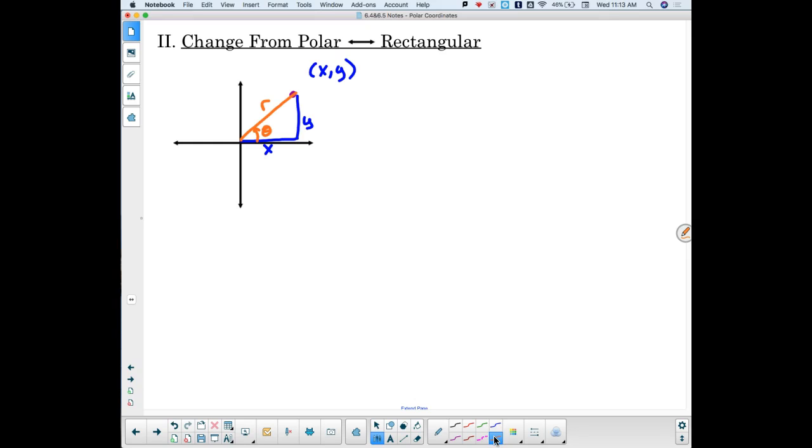So this point out here would be r, comma, theta. I want to know how to convert between x, comma, y, rectangular form, and r, comma, theta form.